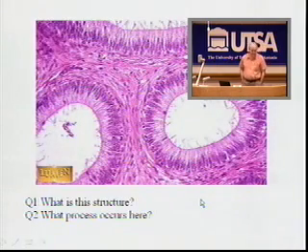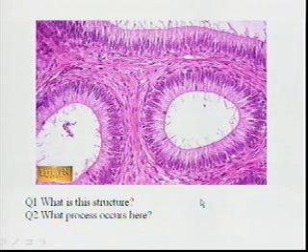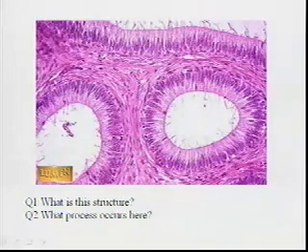Okay, so here's another slide. And question 1 on this slide is, what is this structure? Anyone? Obviously, a cylindrical tubular structure, cut in cross section, lumen, basal, and the periphery.